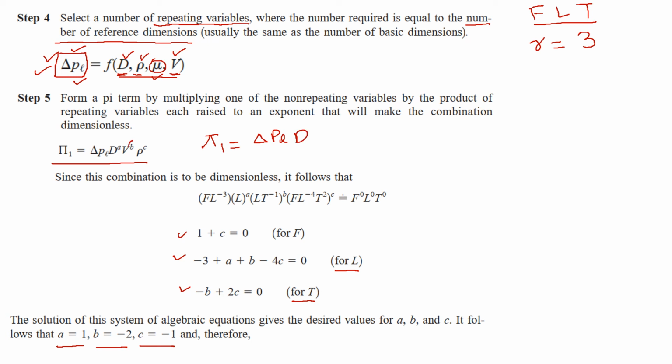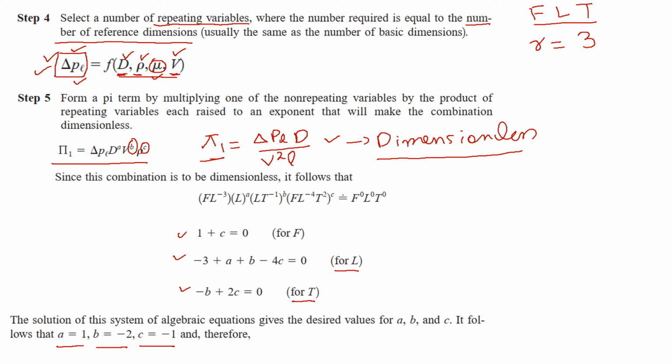The velocity will have a power that is -2, so it will drop to the denominator, and the density has a power of -1 now, so it will also drop to the denominator. So this is our first pi term, and this is a dimensionless entity now. So now you understand how we form our pi terms.